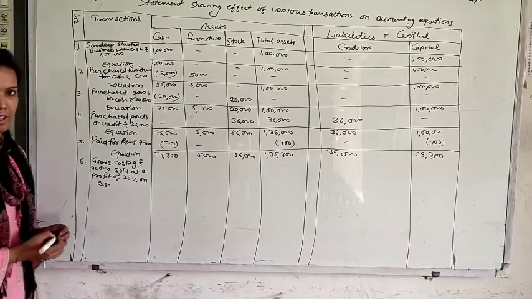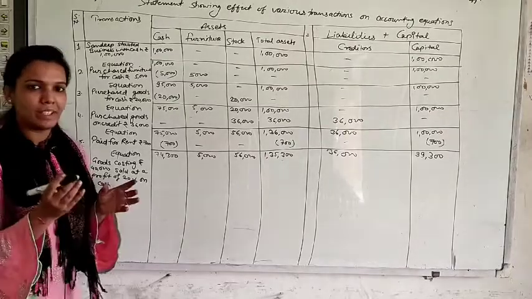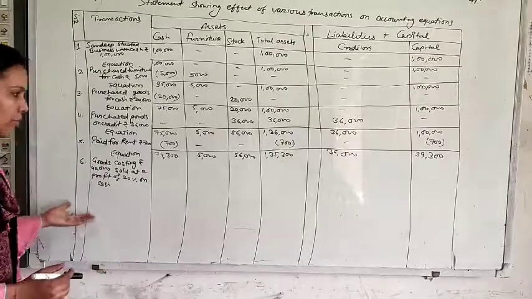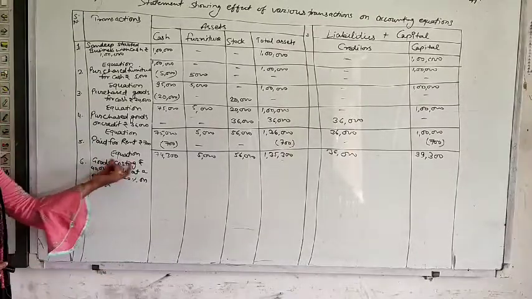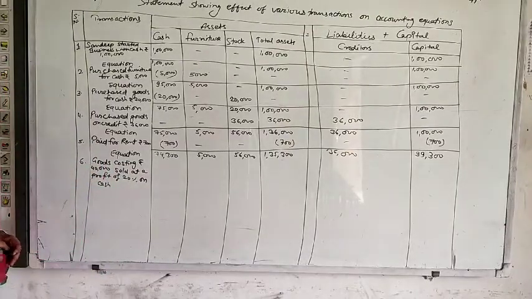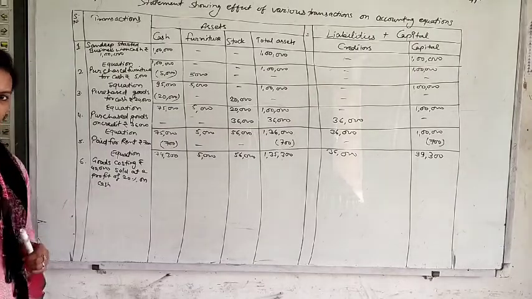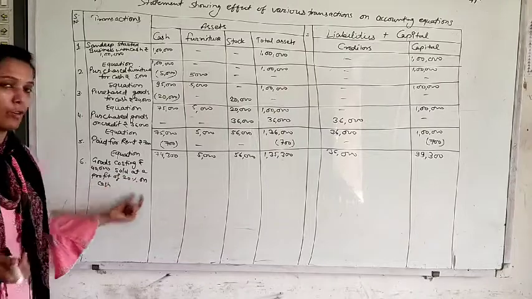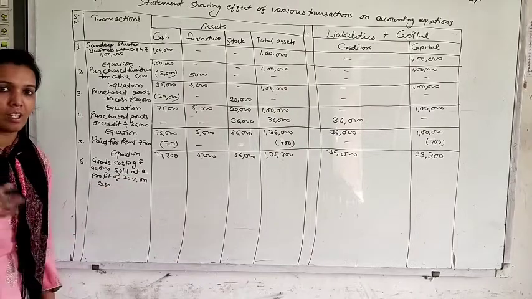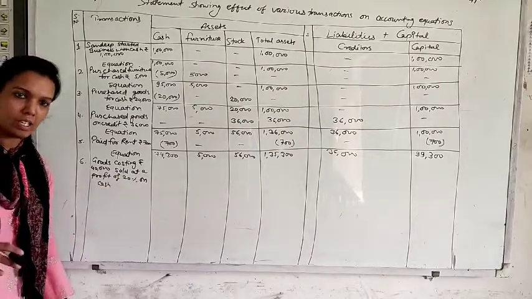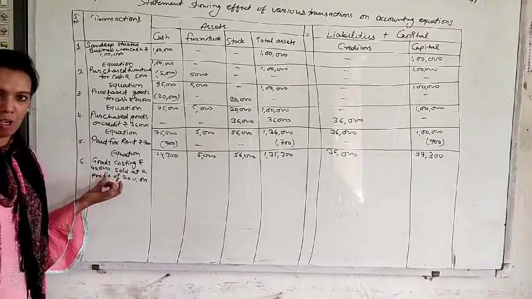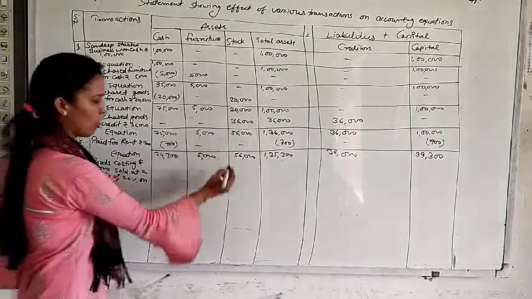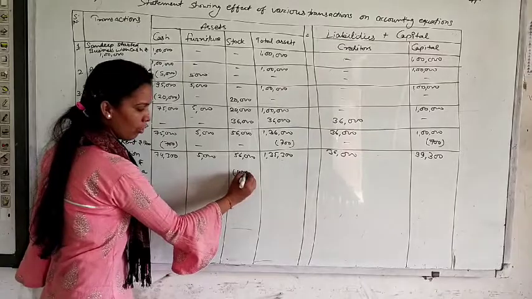This is a different transaction or maybe a little difficult for you, but don't worry, we are understanding this. Goods costing rupees 40,000 means you have goods in your business of rupees 40,000 and you are selling those goods at a profit of 20%. But what is the effect on stock? Your stock decreased by only 40,000 because the stock's value was 40,000. So stock will decrease by 40,000.